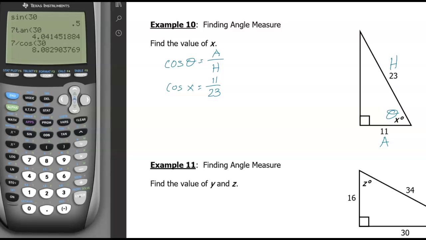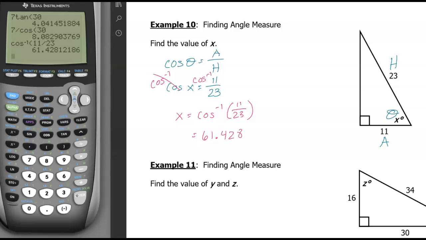Yes, but do you ever actually hit divide by cosine? Instead, yes, we take the inverse of cosine on both sides. So all we have to do in our calculator is hit second cosine of 11 divided by 23. And we get 61.428.